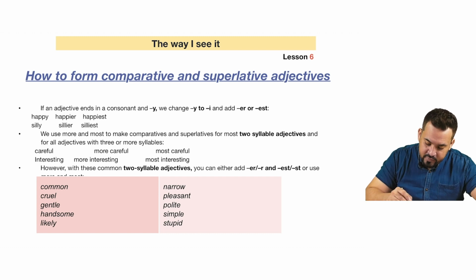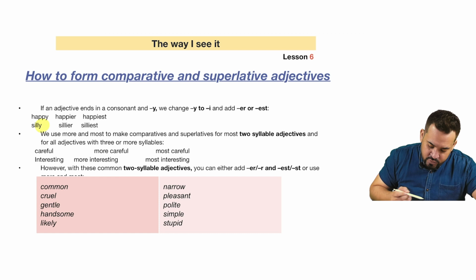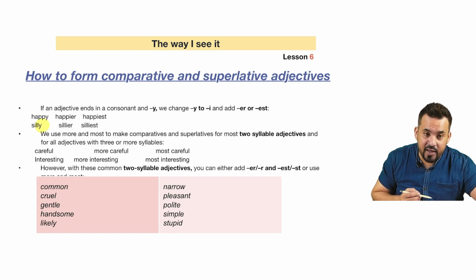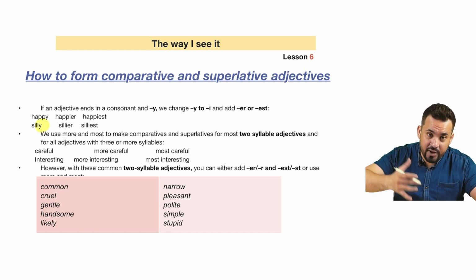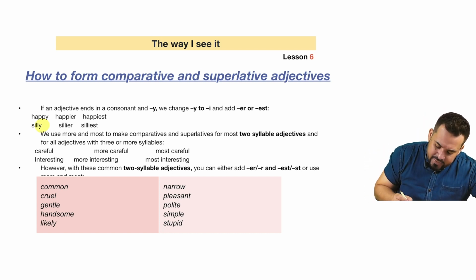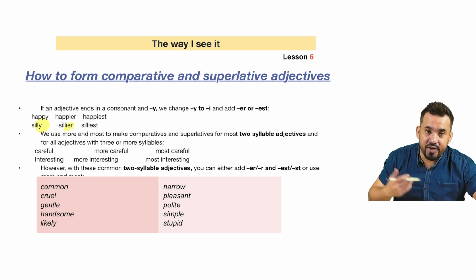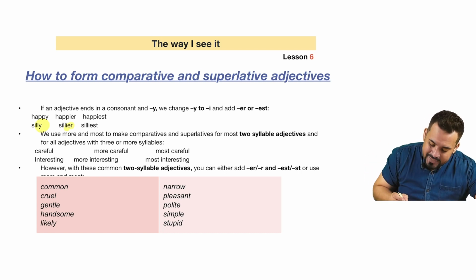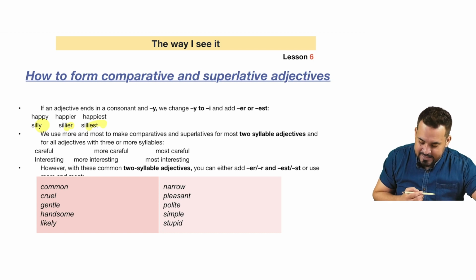If we have, for example, silly, as you can see, the last two letters are L and Y. That's a consonant and a Y. Then this will become sillier, I-E-R, or silliest, I-E-S-T.